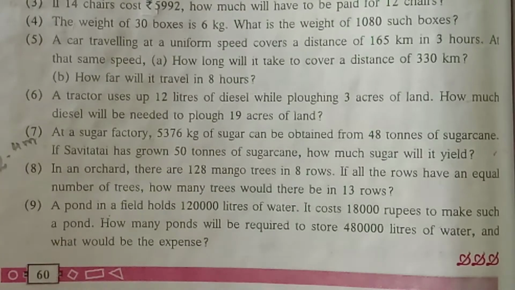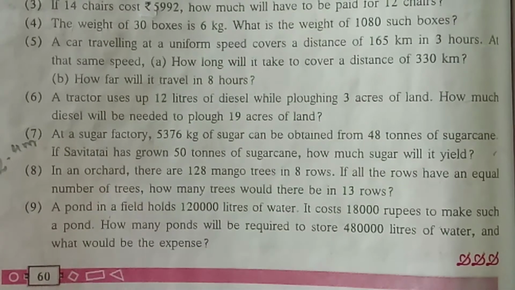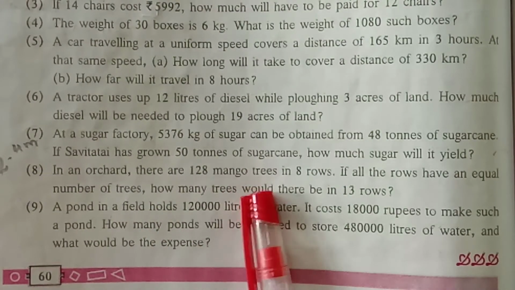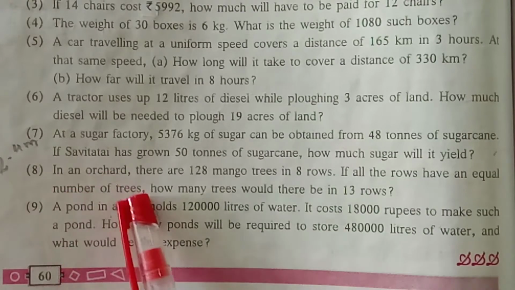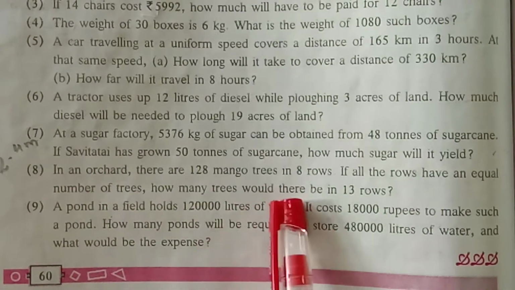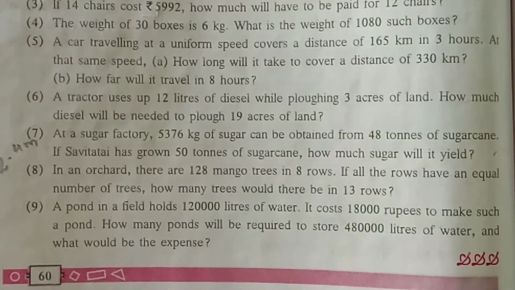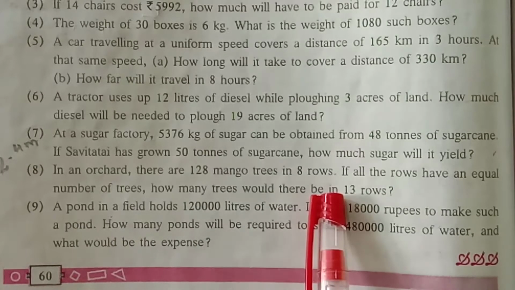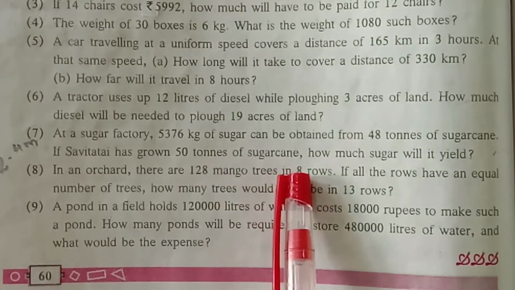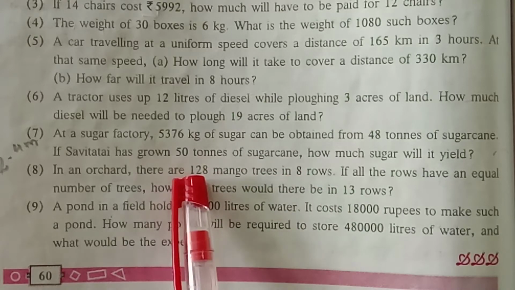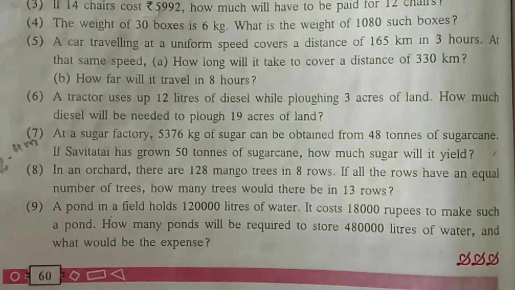Question 8. In an orchard, there are 128 mango trees in 8 rows. If all the rows have an equal number of trees, how many trees would be there in 13 rows? So they are telling us to find out the number of trees in 13 rows and they have given us the number of trees in 8 rows. How many trees? 128 trees.